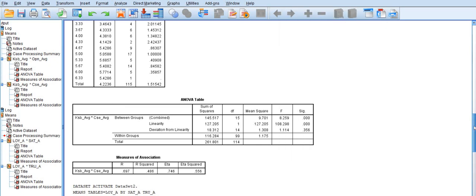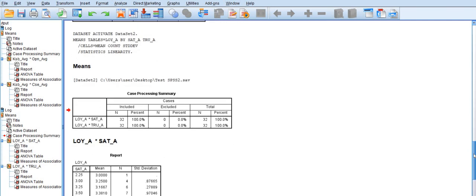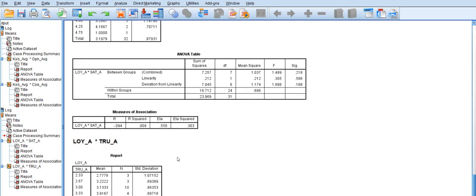Okay, for our second SPSS file, in which our regression model had not fulfilled the assumption of linearity, we will go to that model and see the measures of association. Here you can see that R is negative 0.09 and eta is 0.555. Therefore, the difference between eta and R is very large.